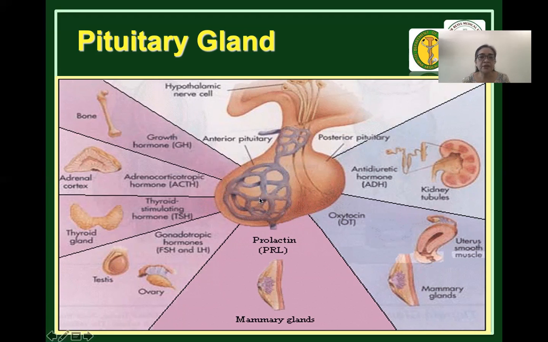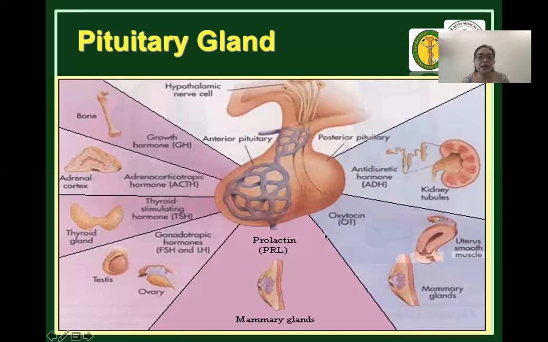Your anterior pituitary will have different hormones, and the most common and the most important ones are your growth hormone, your adrenocorticotropic hormone that usually affects your adrenal cortex, your thyroid stimulating hormone, which mainly controls your thyroid gland, the gonadotropin hormones, which are your follicular stimulating hormone or FSH, and your luteinizing hormone or LH that has effects both on the male reproductive organ, which is the testis, and the female reproductive organ, which is the ovary.